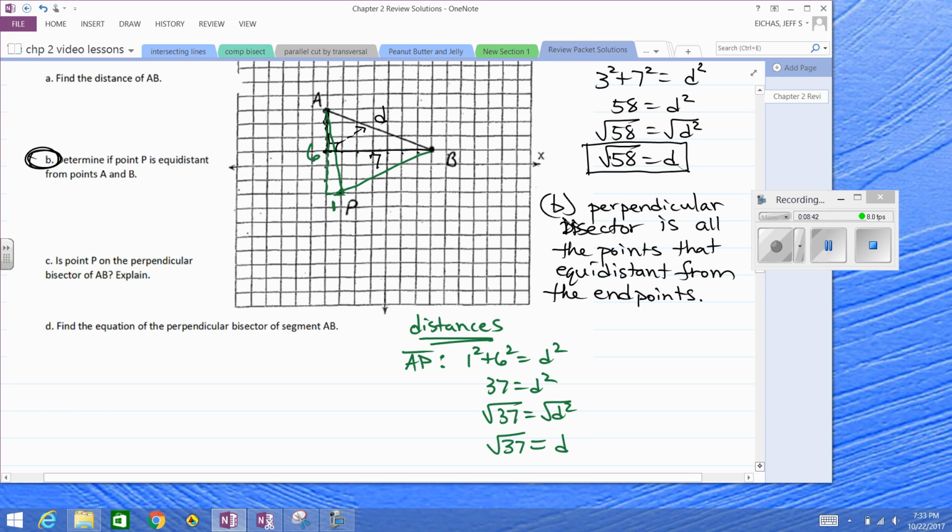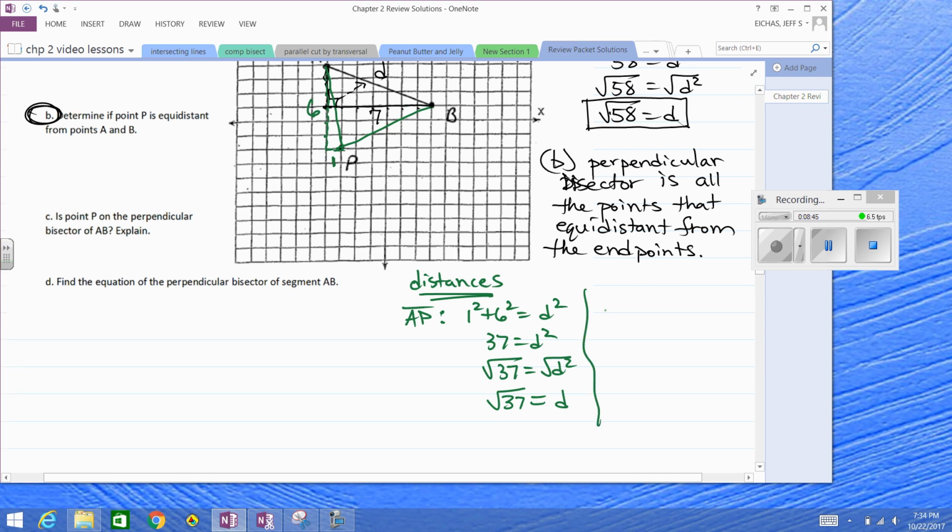So I'm going to find out, is P to B the same distance? Let's quickly do that. I don't believe it's going to be, but let's check. 1, 2, 3, 4, 5, 6. Oh, there's no chance, because there's no way 6 squared plus 3 squared can possibly work. We'll call it x. That's 45. So of course they're not equal.